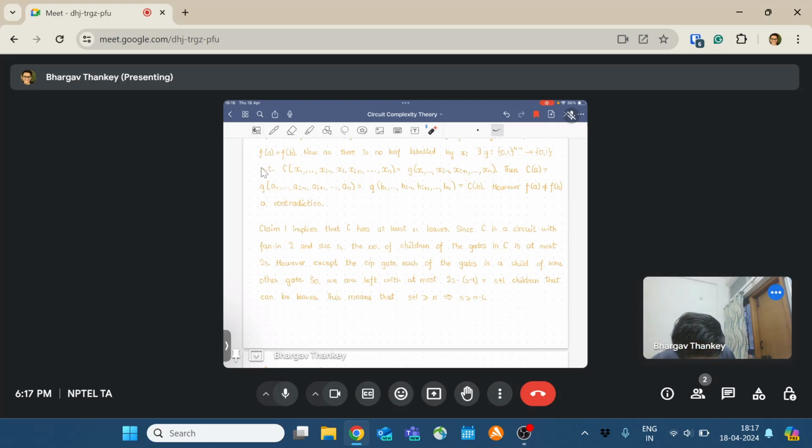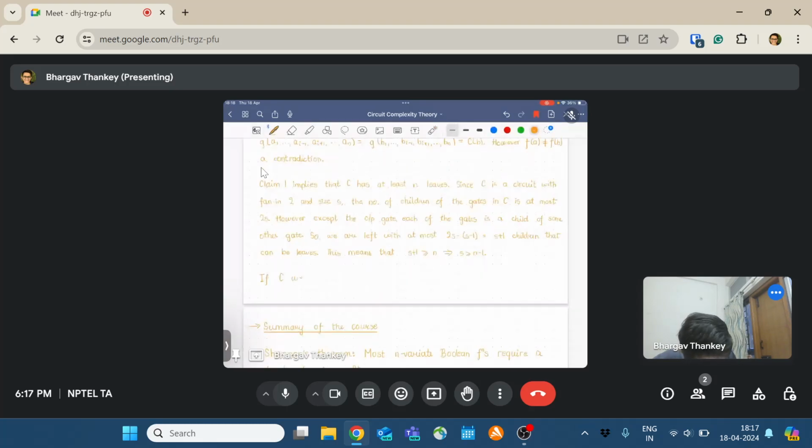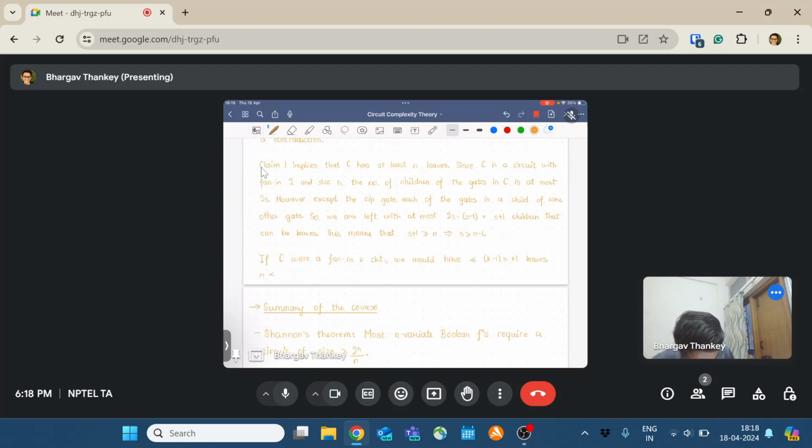So we would have n at most (k minus 1)s plus 1, which implies s is at least (n minus 1) over (k minus 1).